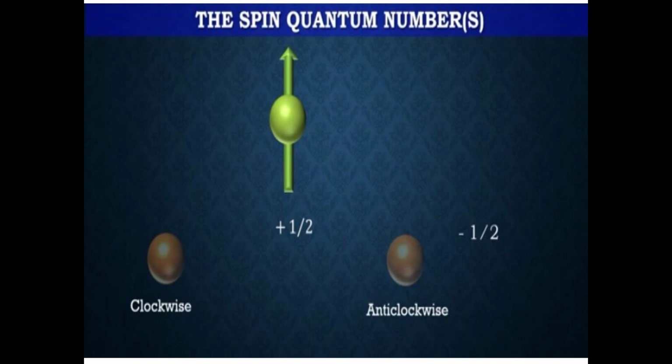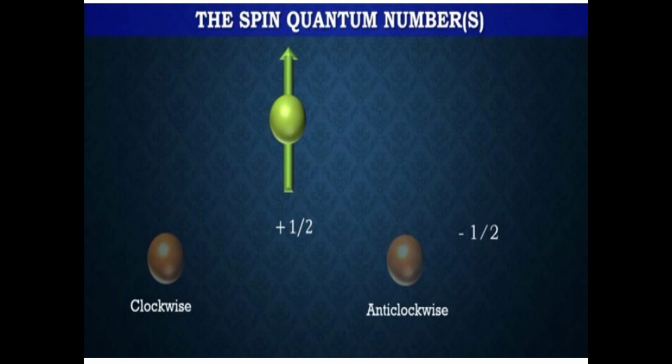Spin quantum number. This has only one value, equal to 1 by 2. According to wave mechanics, Ps is equal to root of S into S plus 1 into h cross. If the spin is clockwise, it takes the plus value.